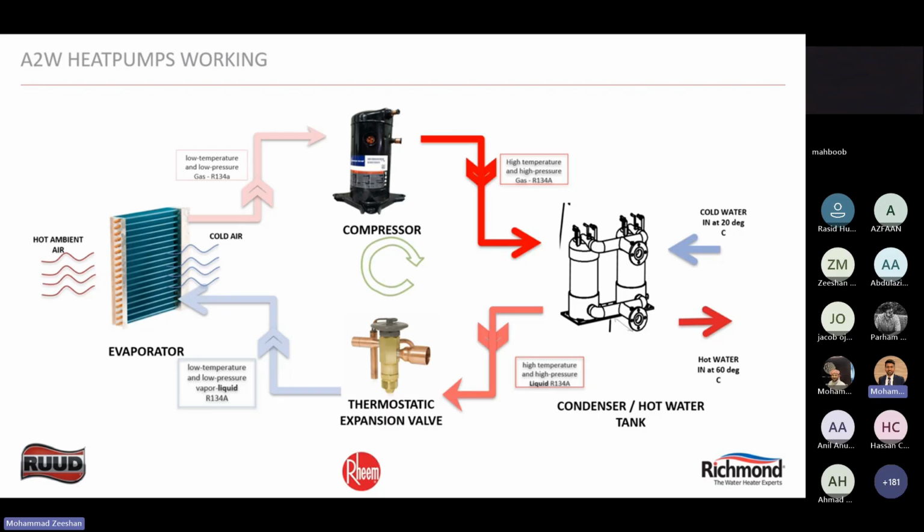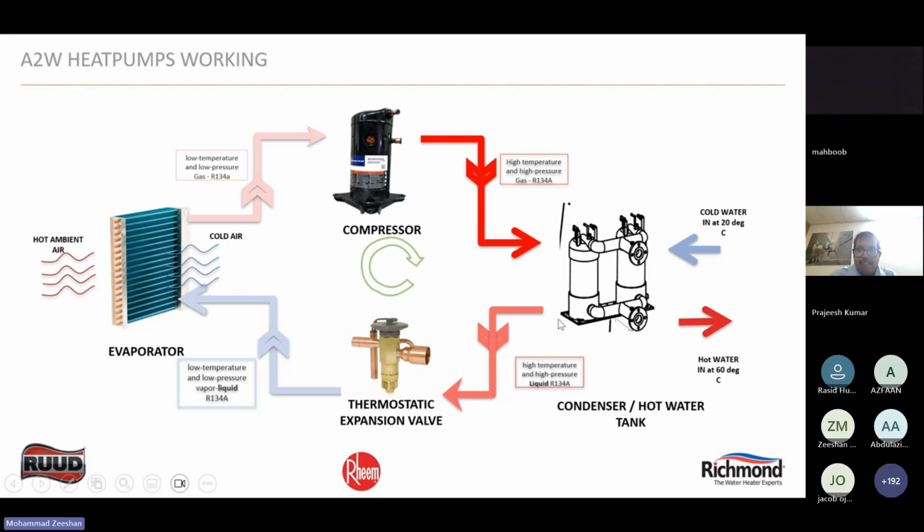The energy across the evaporator gets absorbed by the refrigerant from the ambient air, and the refrigerant passes through the compressor, in which its pressure and temperature increase. It then passes through the shell and tube heat exchanger, which has domestic water entering on one side and domestic hot water leaving on the other side, thus exchanging heat between the refrigerant and the cold water itself.